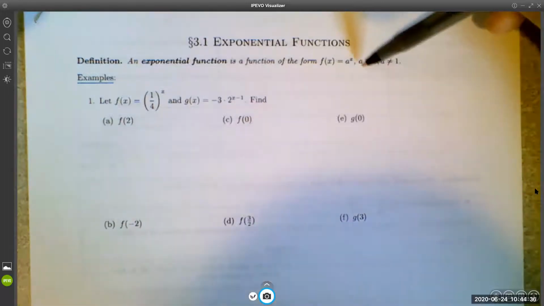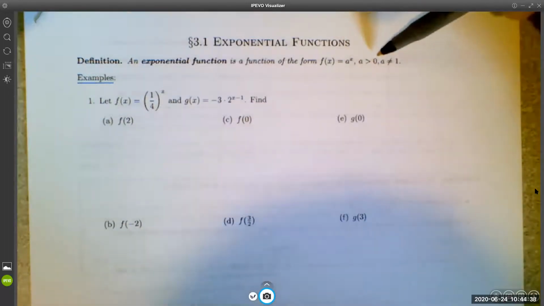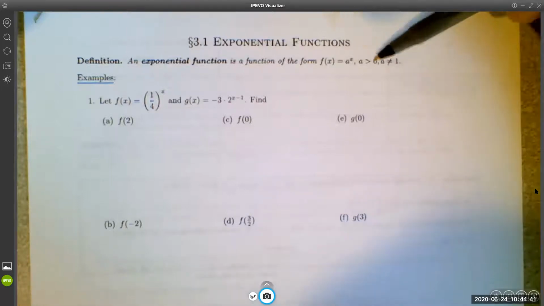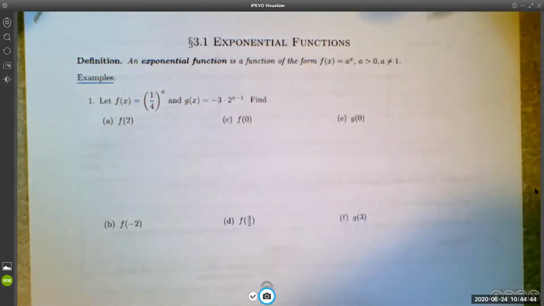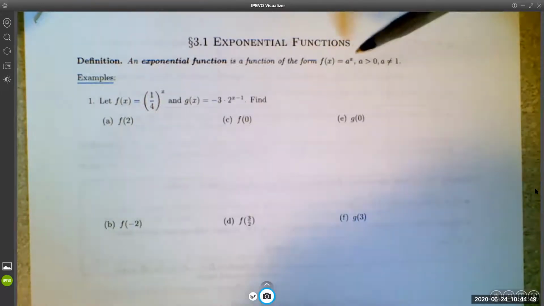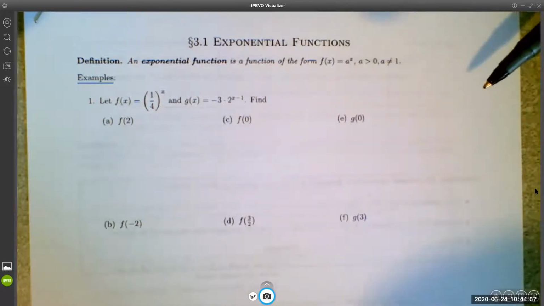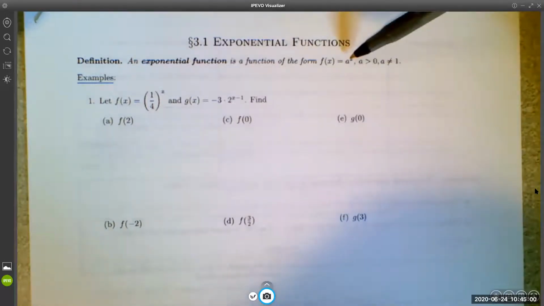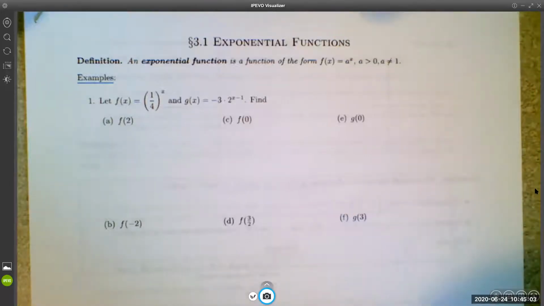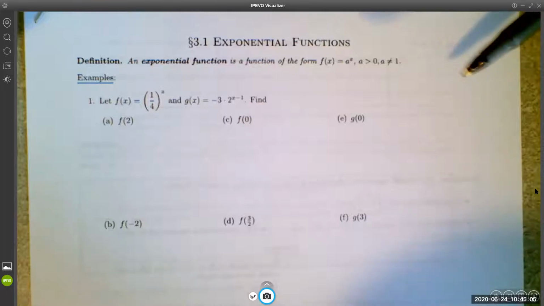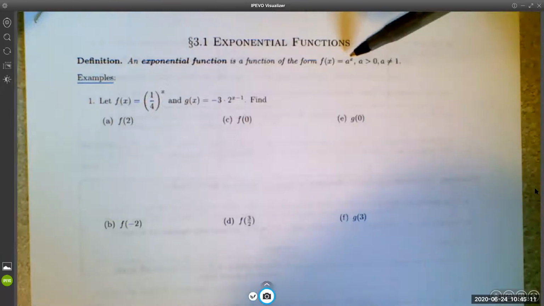Now, the reason we require a to be greater than 0, on the other hand, is that if a is allowed to be a negative number, you get all kinds of craziness with this function, okay? Because imagine if a is a negative number and then x is allowed to be something like 1/2. Well, then you're going to get non-real outputs, right? And in fact, that's going to happen anytime you have a fractional exponent whose denominator is even, because that's equivalent to an even index radical, and even index radicals of negative numbers are not real.